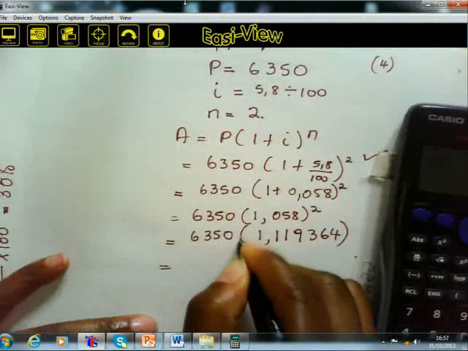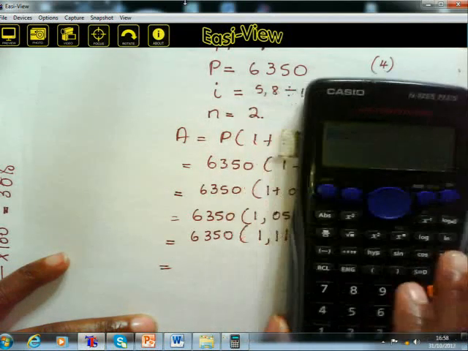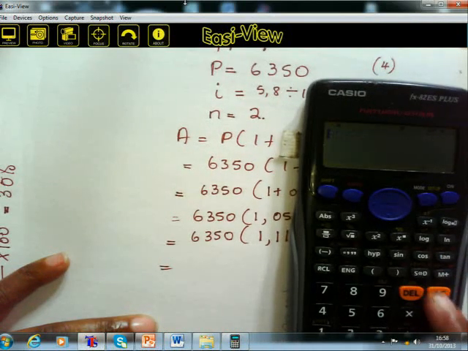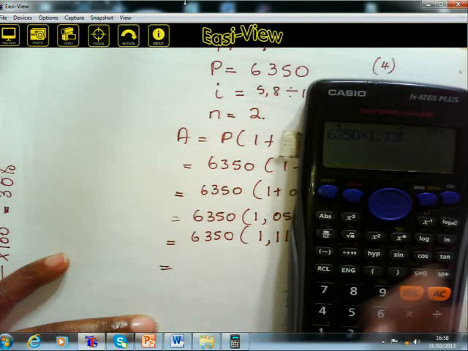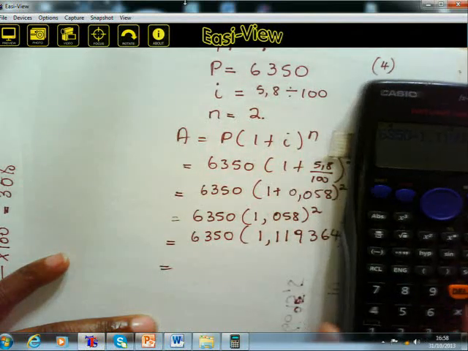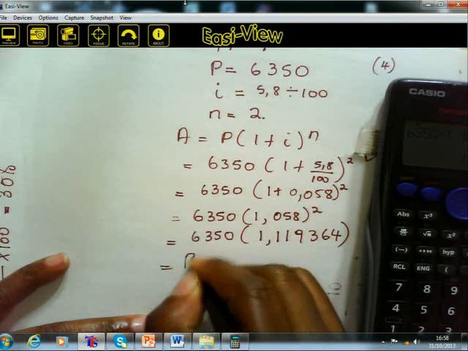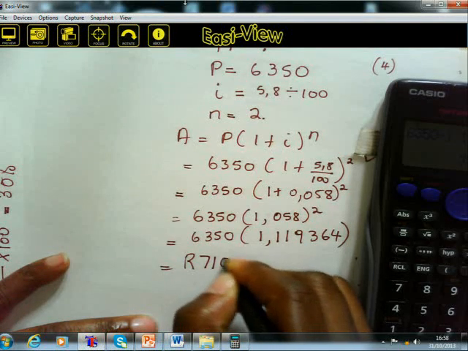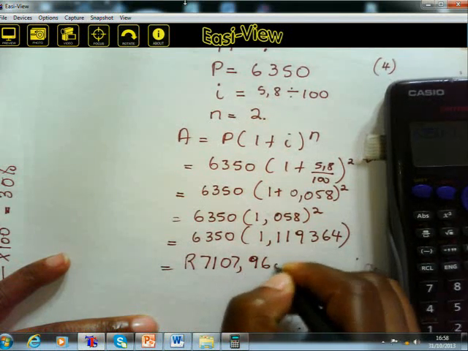And then finally, to remove the bracket, what do we do? We multiply. Let me start from the beginning. It's 6,350 multiplied by 1,119364. The answer in this case is 7107,96 cents.